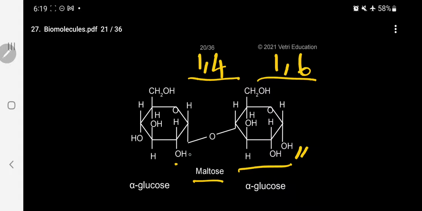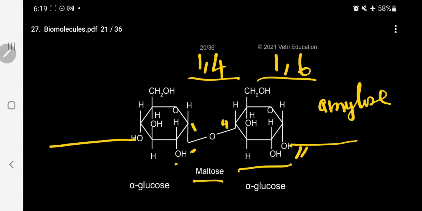OH is below here again. Both are alpha D glucose. It is coming from starch, so it is a polysaccharide. Kindly follow. In the 1, so this is continuing. In the 4, it is continuing. This is the linear structure of 1,4, meaning this is 1, this is 4. This is actually amylose.